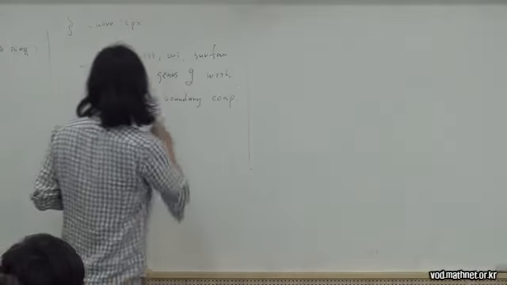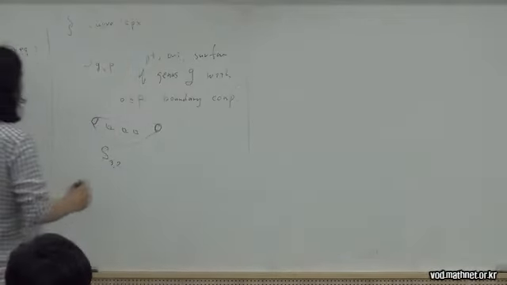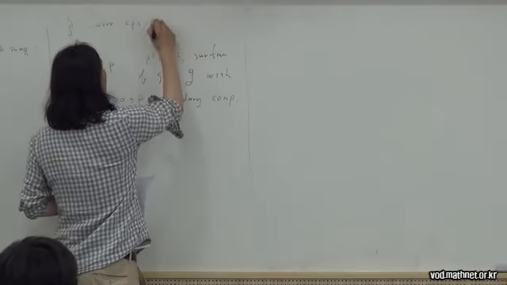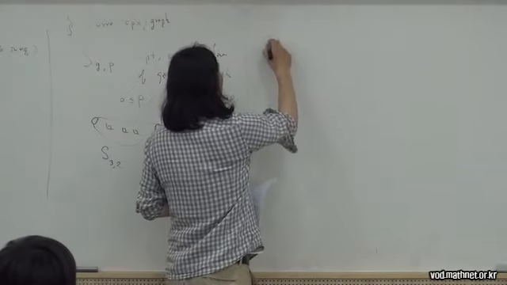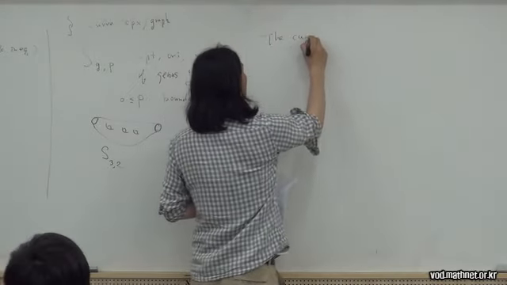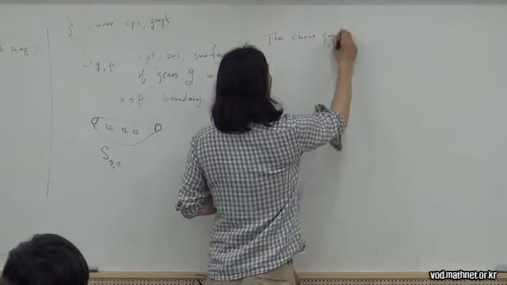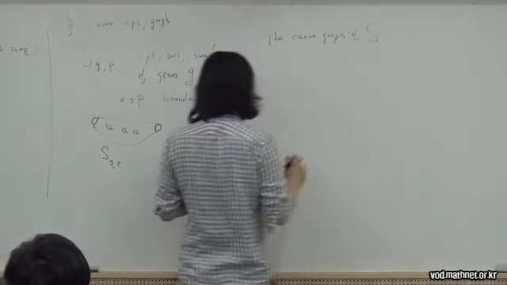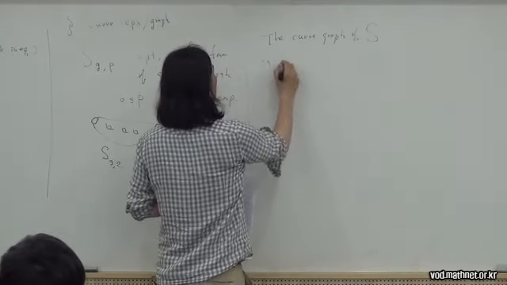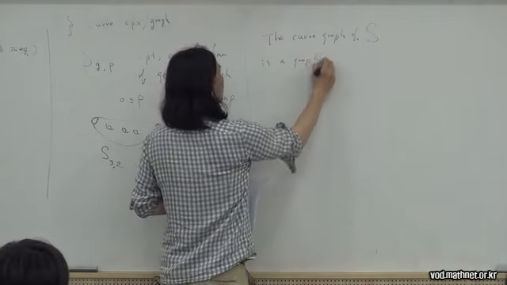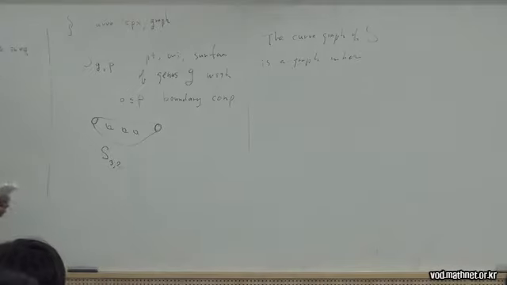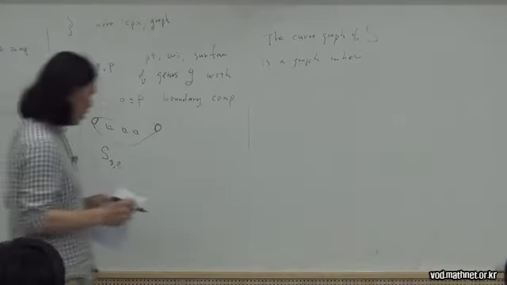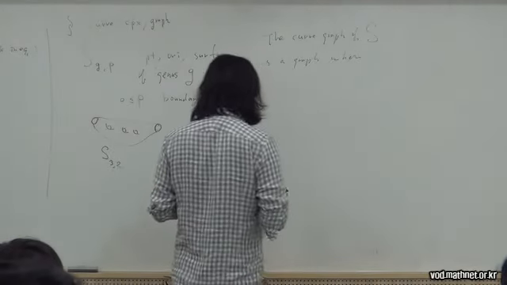Now, what is the curve complex or curve graph? The curve graph of S is a graph where, to define the graph, I tell you what the vertex set is and how I join two vertices.